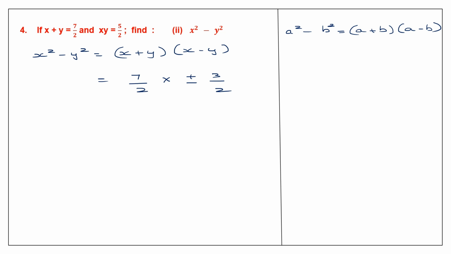Now we just have to multiply the numerators and the denominators because there's nothing to cancel. When you multiply 7 into 3, you get 21, 7 3s are 21, and in the denominator we have 2 into 2, which is 4. So 21 by 4, and we can say plus or minus 21 by 4 is the answer to the question x square minus y square. So this is our answer.